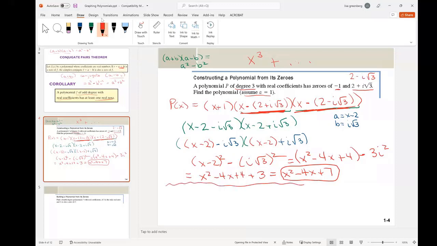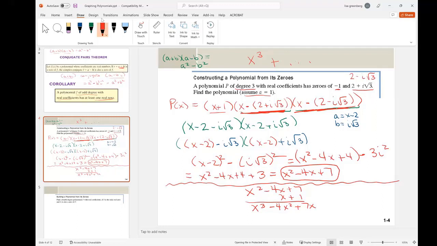But of course I'm not done, because I have to multiply x squared minus 4x plus 7 times x plus 1. And again, I'm going to use my vertical multiplication. I multiply the entire top polynomial times x, which gives me x cubed minus 4x squared plus 7x.